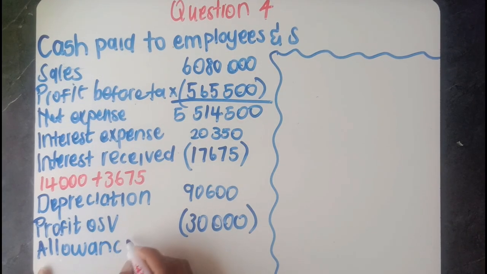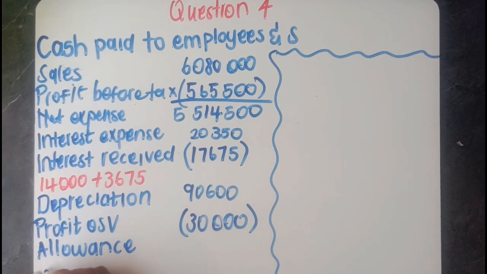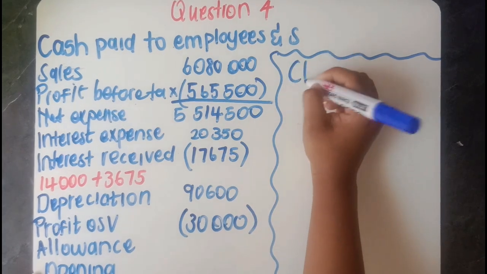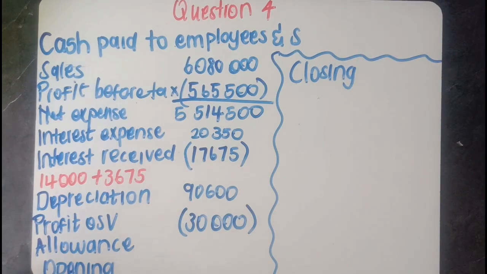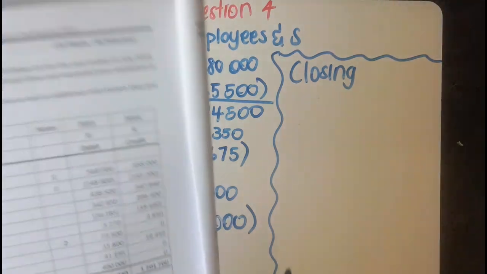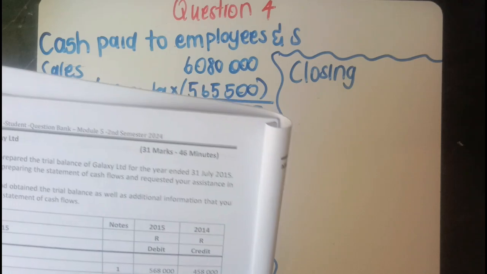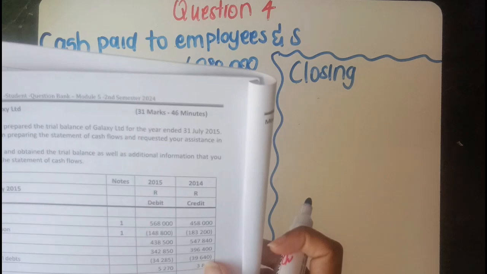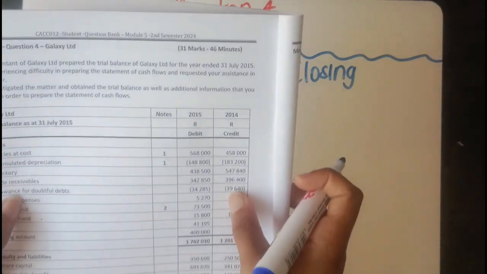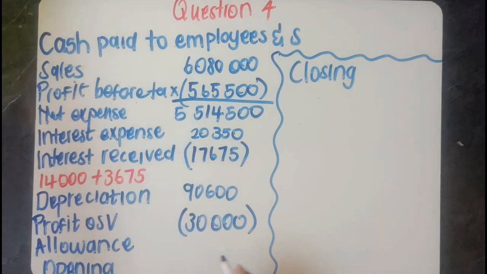All right, let's continue. So you'll have your allowance, your opening balance and your closing. Your opening balance is the allowance for expected credit losses, 39,650, right?